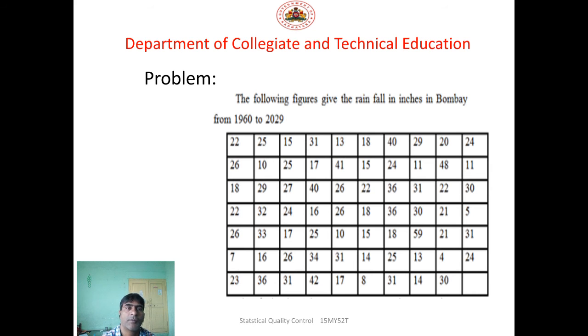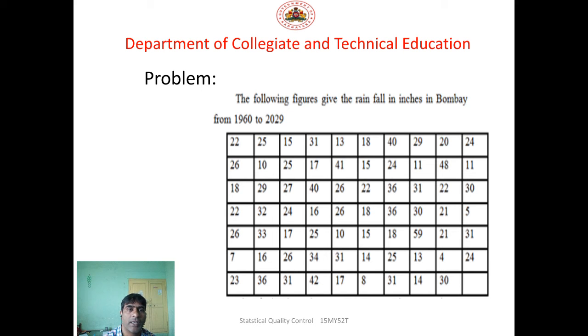This problem we have seen earlier in the class. For the frequency distribution we have taken the same problem. There are 69 entries. Now we are going to form the cumulative distribution table, so note down this problem. You can refer to your earlier notes and mark all the entries.